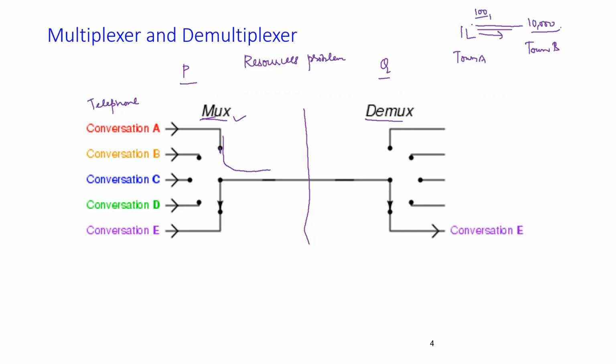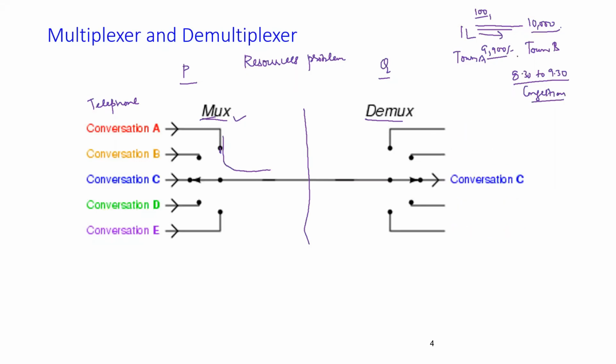So 100 will be calling and the remaining 9,900 people are in a waiting state. That's why from 8:30 to 9:30 in the evening, we are having congestion. This is called congestion. That means your resources are being occupied and you don't have any resources left.